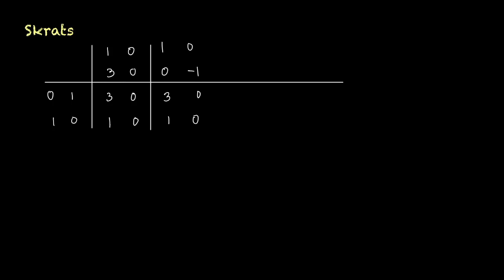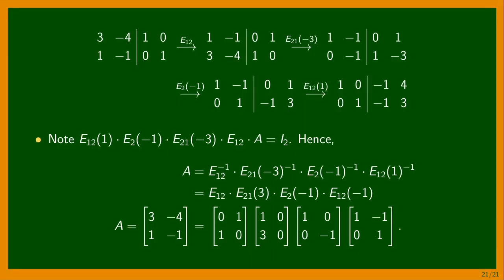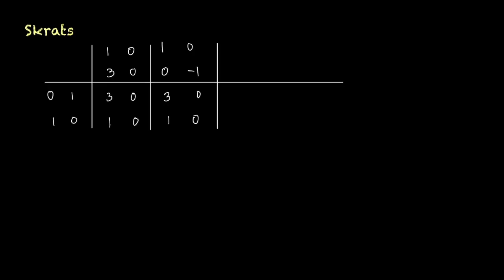Oh, may mali yata ako. Did I do it correctly? At ang last matrix, 1, negative 1, 1. Ganyan. If I multiply, this is going to be 3, negative... Oh my gosh. I think I did something wrong.